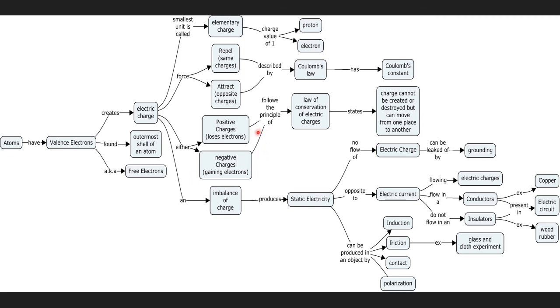Both positive and negative charges follow the law of conservation of electrical charges. It states that charge cannot be created or destroyed, but can move from one place to another or from one object to another. Going back to electrical charges, they are a result of an imbalanced charge.